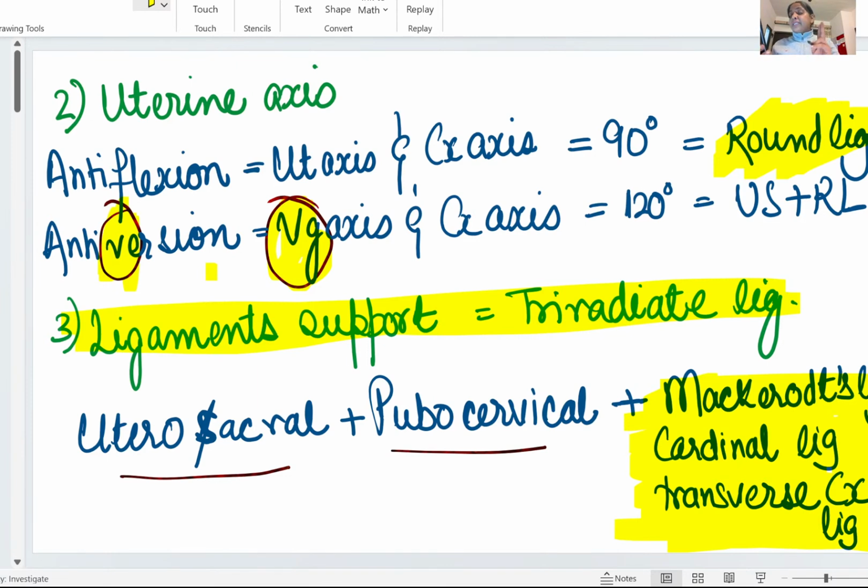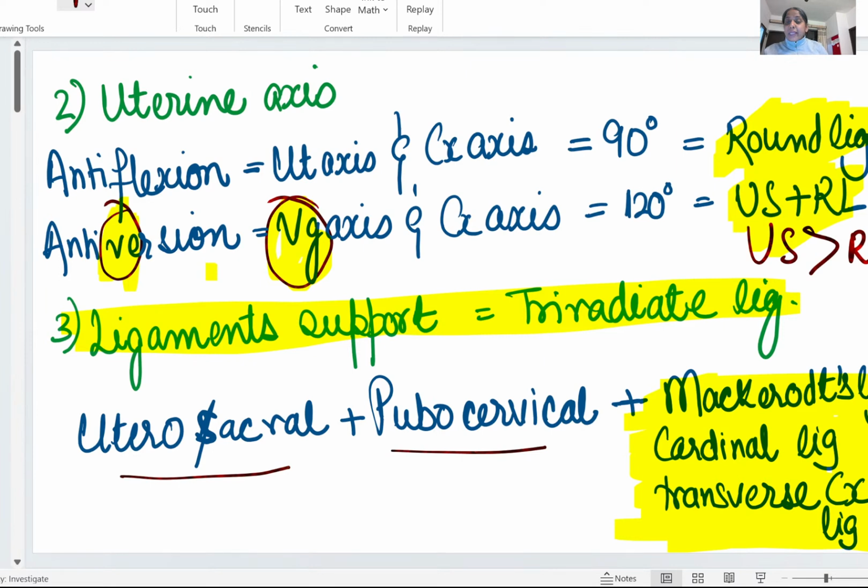This is a previous year NEET PG PYQ, and there are high chances it will come to you also. Yes, anteversion is maintained by the uterosacral and round ligament. If they give you one choice, the answer will be uterosacral.